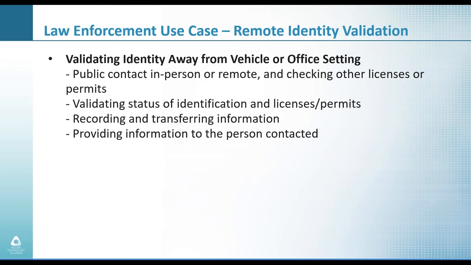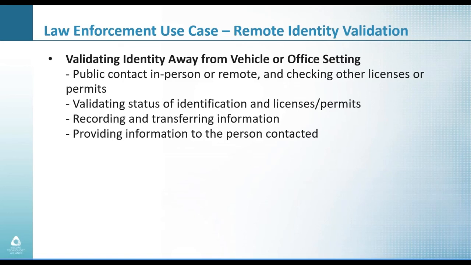And that might also include hunting licenses, fishing licenses. That was a question that law enforcement frequently has asked me. Can't there be a way that we can add other licenses to this identity document so we can put it all in one place and not have to sort through some paper documents, some digital documents? But also there's the importance when I'm working remotely is I still have to be able to transfer and record information.